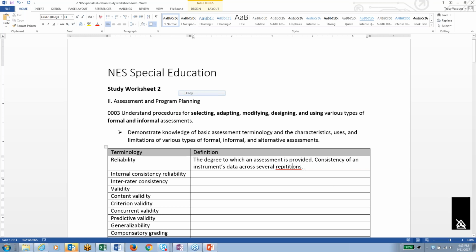Okay, so let's go on here. Internal consistency reliability. Internal consistency reliability is consistency of test items with one another by measuring the same quantity.